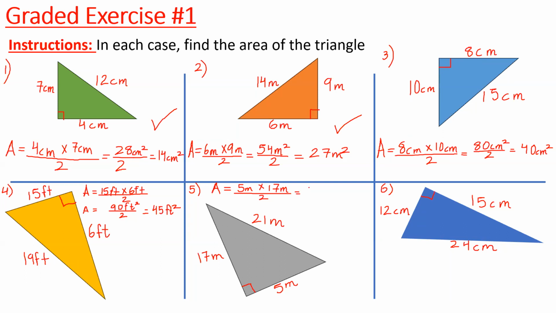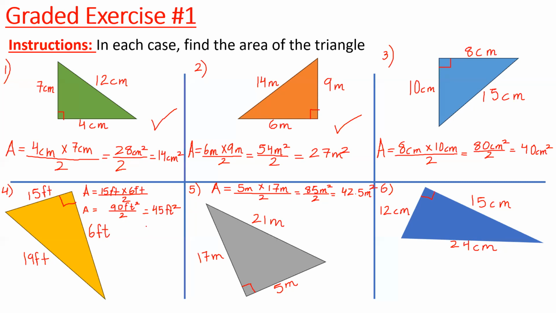Very good. 85 meters squared over 2, which gives us what? 42.5 meters squared.